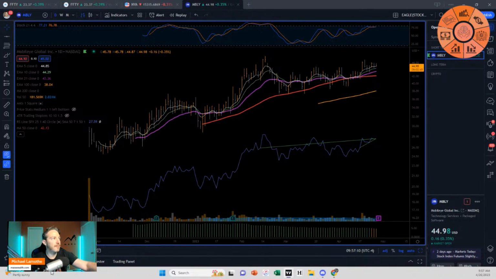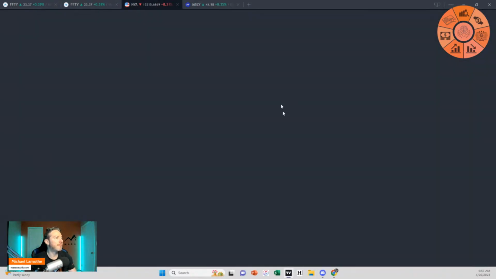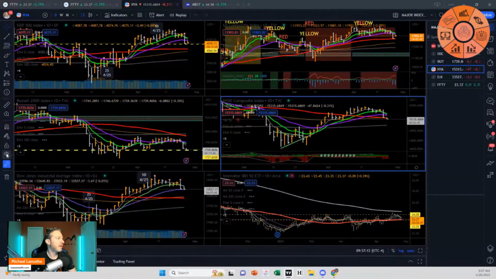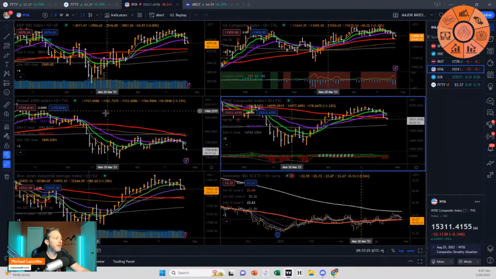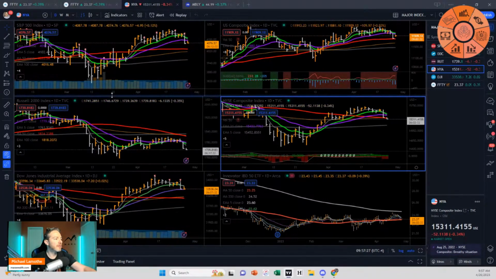Let's move the screen back over. I'll take off all these annotations and hide the drawings. So what we're looking at here is the major indexes.